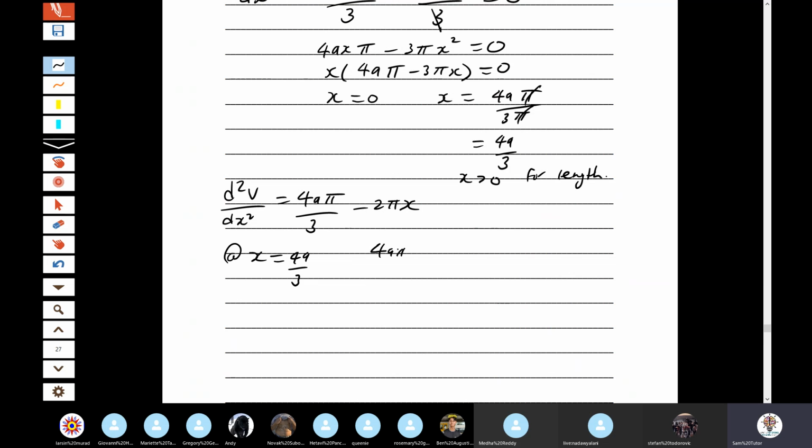You'll get y double dash equals 4a pi on 3 minus 2 pi times 4a on 3. Four a pi on 3 minus 8 pi a on 3. What's 4 on 3 take away 8 on 3?